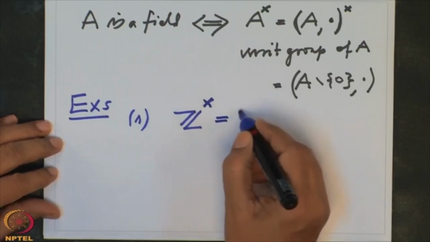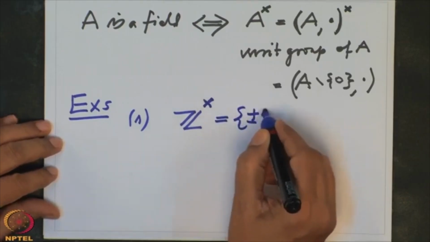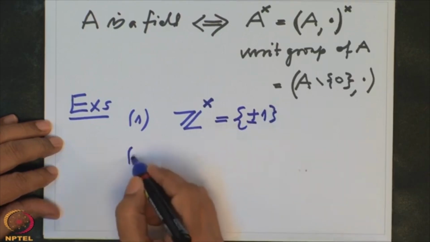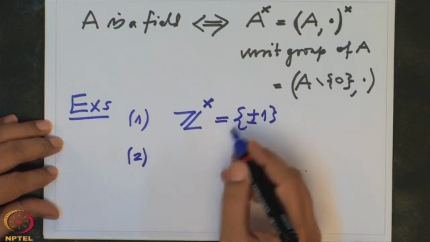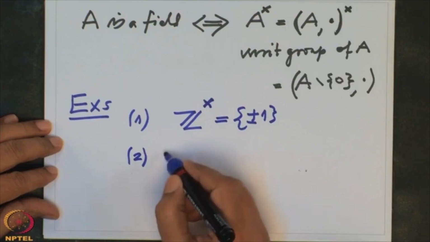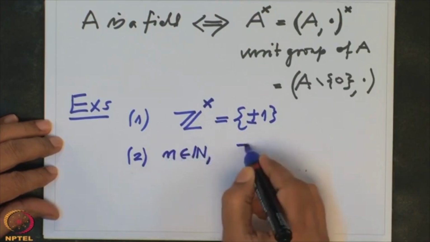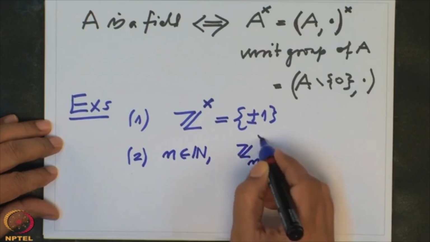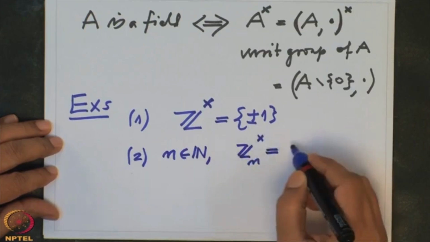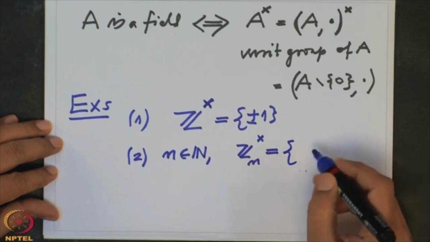So these are precisely plus minus 1. It is a nice exercise for you to find out, for any natural number n, what is the unit group Zn cross.